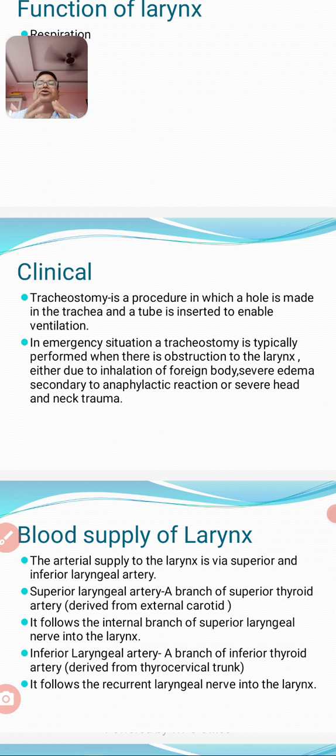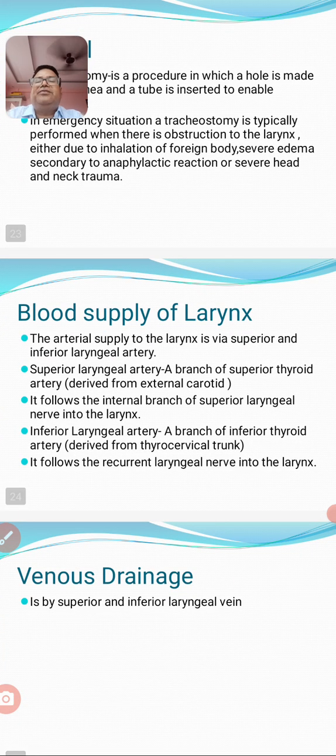That is the tracheostomy. Now what is the blood supply of the larynx? The blood supply of the larynx is by the superior and inferior laryngeal arteries. The superior laryngeal artery is a branch of the superior thyroid artery, derived from the external carotid artery, and it follows the internal branch of the superior laryngeal nerve into the larynx.